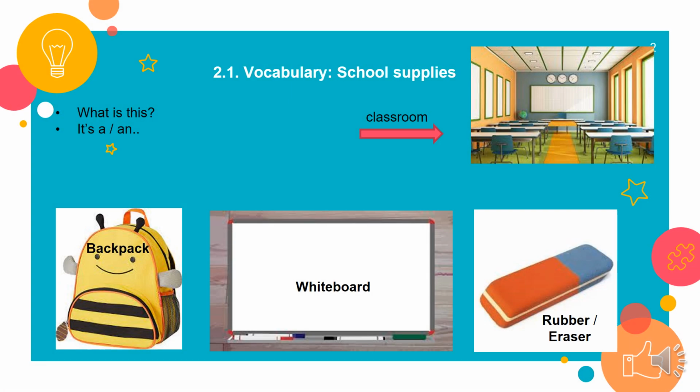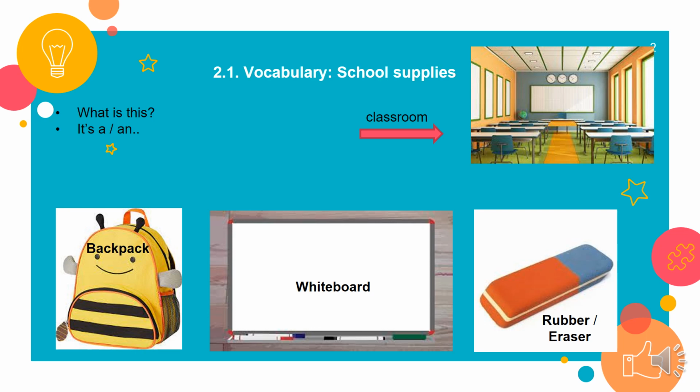So, the first vocabulary part, we have the school supplies. So, the school supplies are the objects we use in a school or at the university where we study in a classroom.